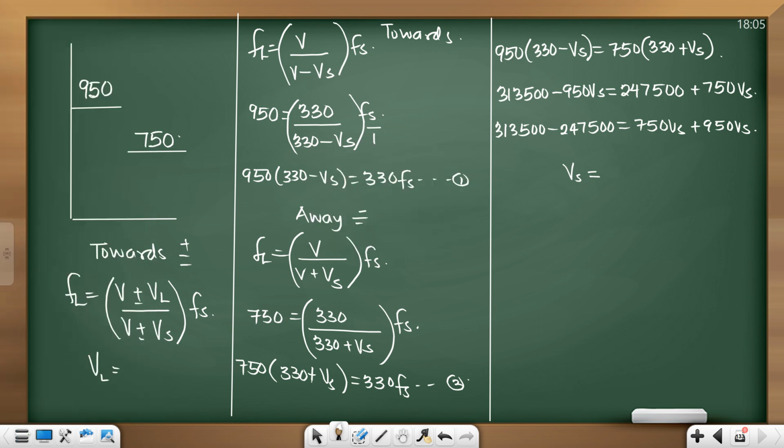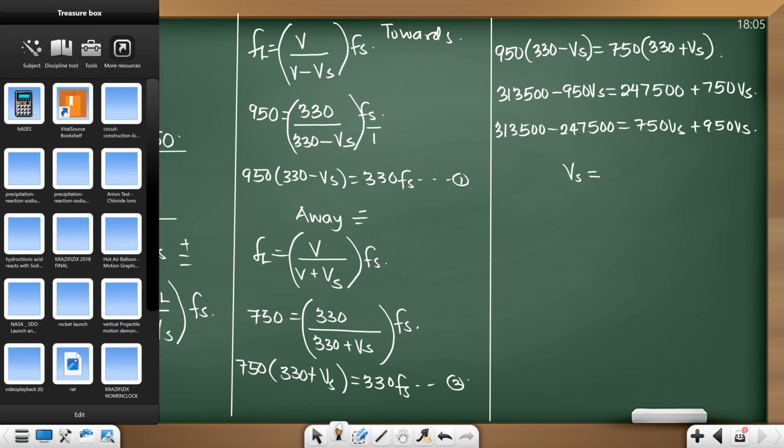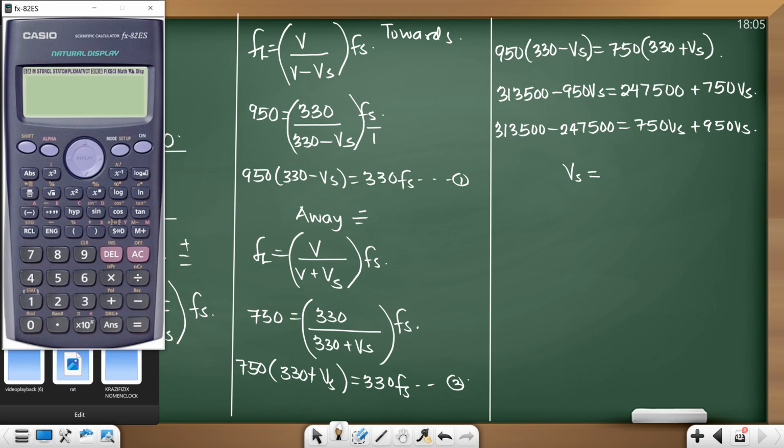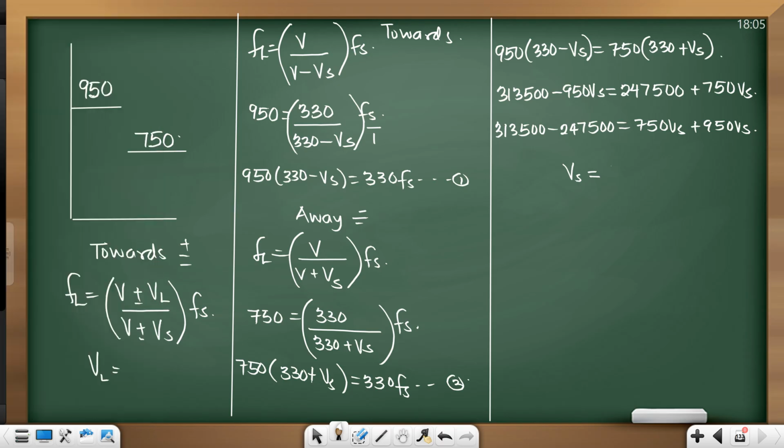So, 313500 minus 247500 divided by 750 plus 950. What's your answer? 38.82. So that's how we do the simultaneous equation, guys. That's how you do the equation of away and towards, and then you solve.